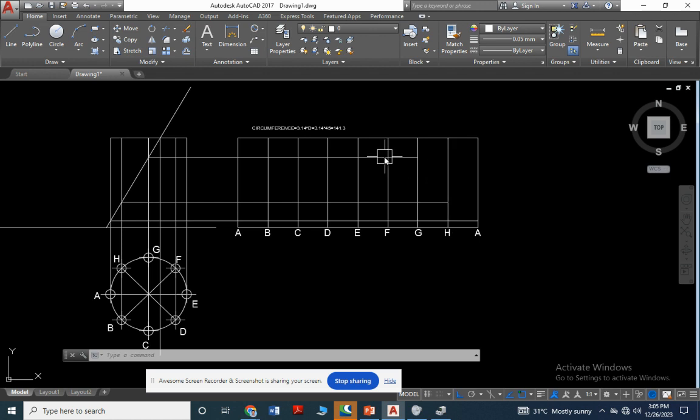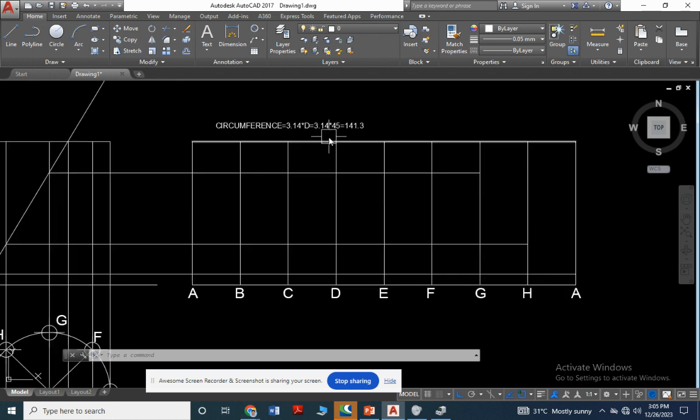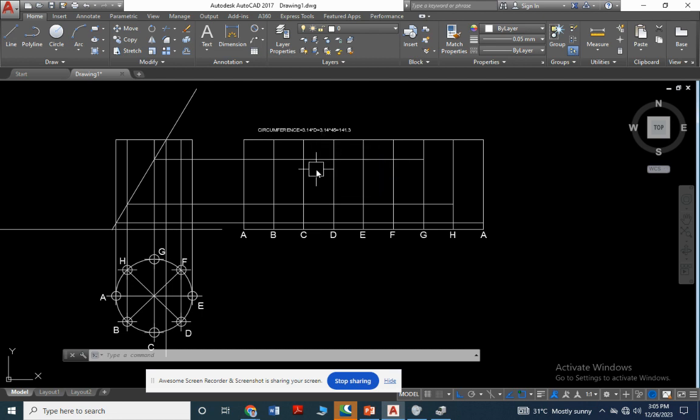Okay, now one second. So A, then up to B. This line is B and H. Okay, no problem. Then CG also no problem.